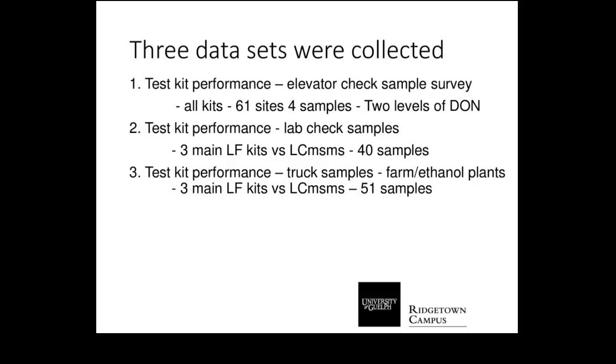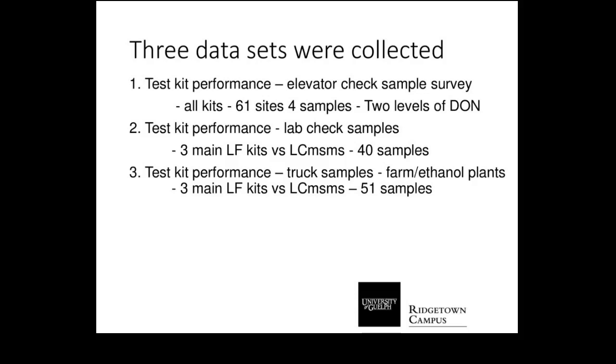Then we retained 40 of those samples, and we tested them against the 3 main lateral flow test kits. And we tested that against the gold standard of testing that we use, LC-MS/MS, to see if the results were accurate and precise.